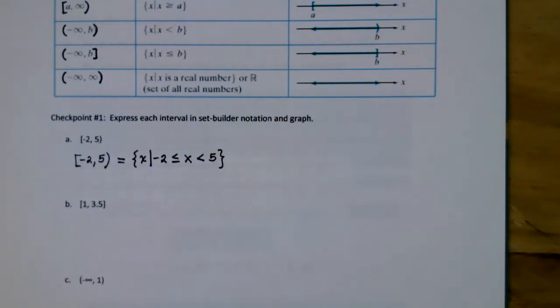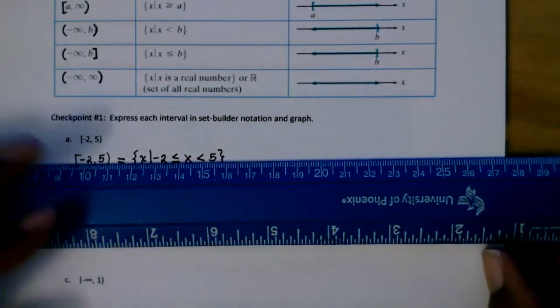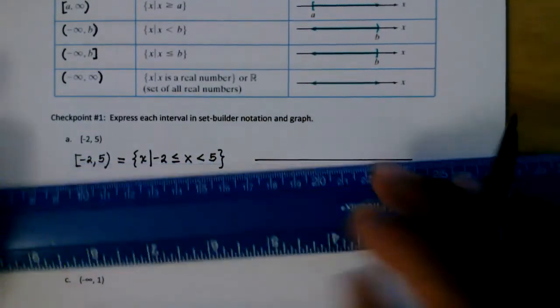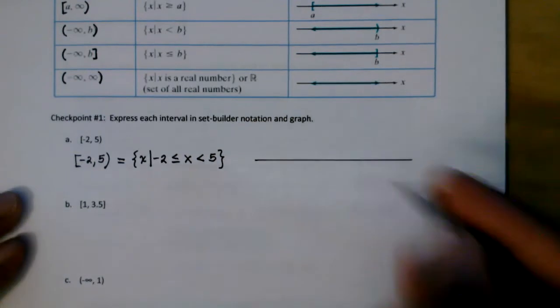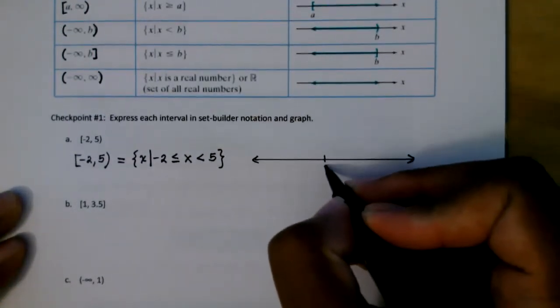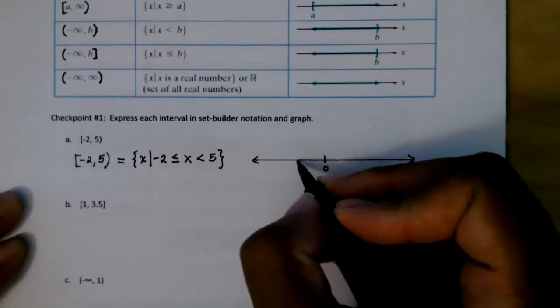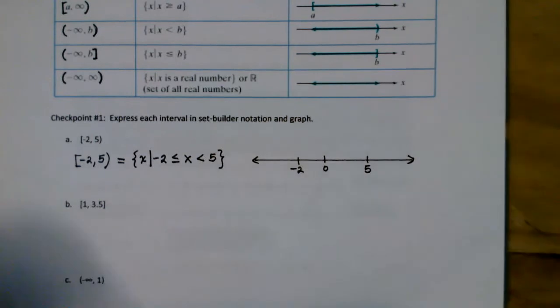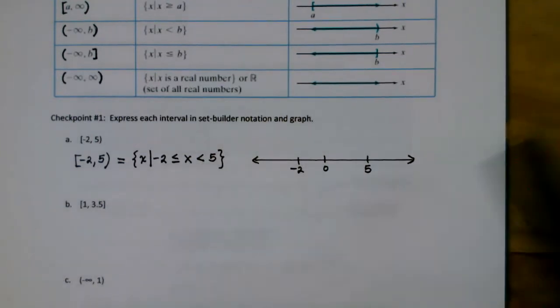Okay. And then next they want us to do the graph of that interval notation. So I'm going to draw a number line. I'm going to put 0 here. I know -2 is to the left of 0 and 5 is to the right of 0.